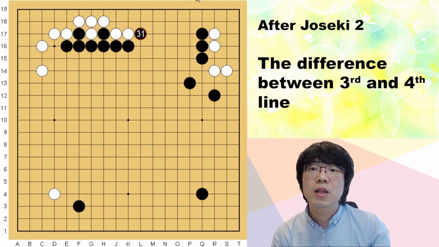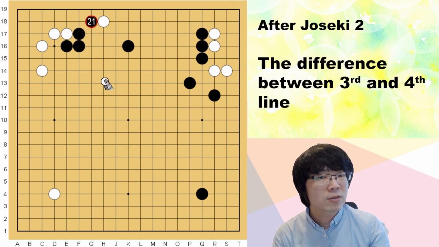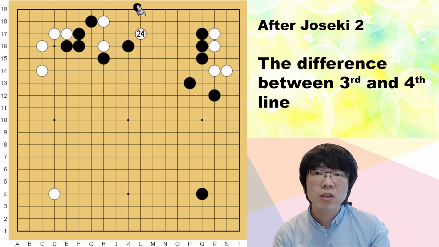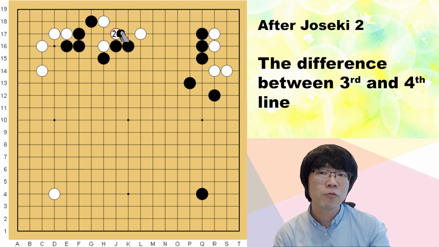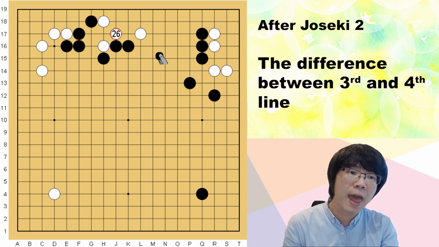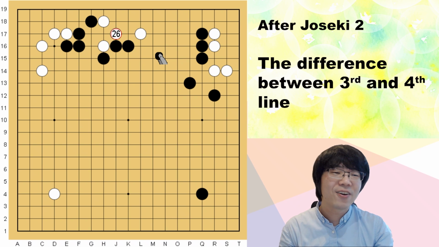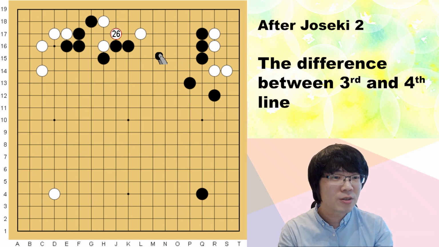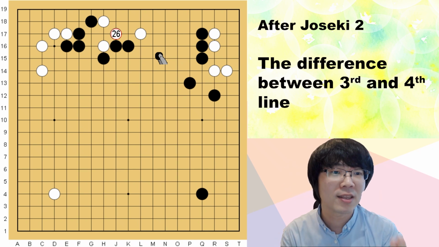Another one is if you want to fight or attack, then you do it here. But white can break this territory here very easily. Even if you feel it is very difficult to handle after you invade, you still have to try. I can show you some variations, but if the opponent plays one move differently, then you have to be creative again.